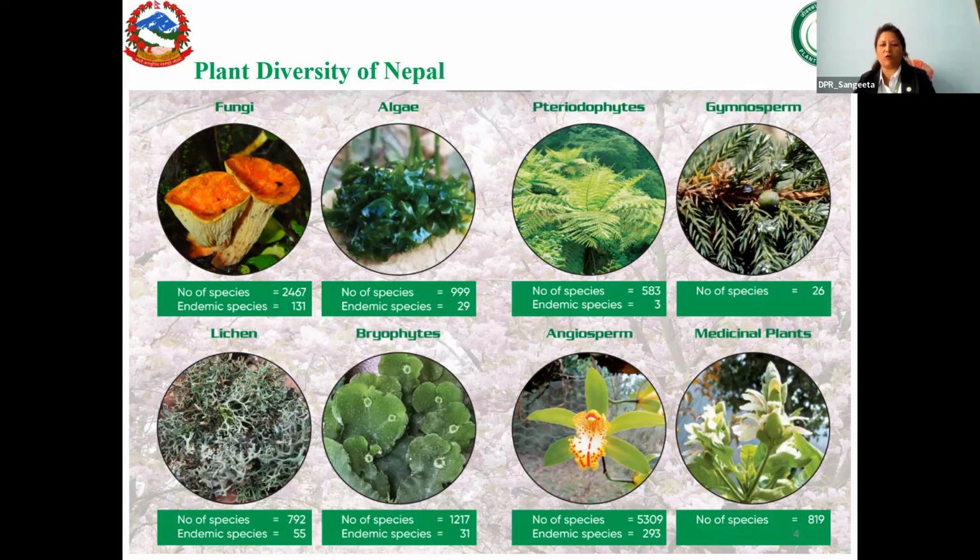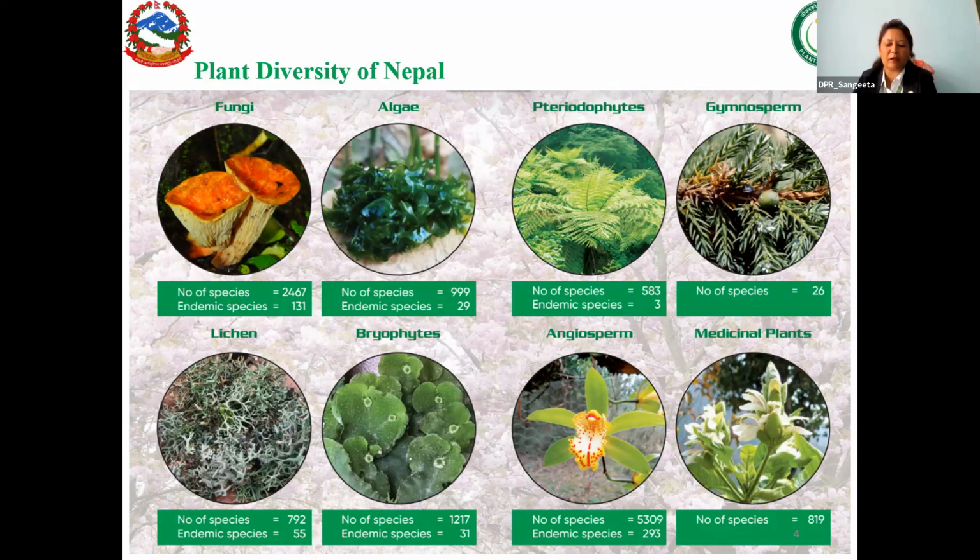If you count all the plants, it is more than 11,000 in the record of the Department of Plant Resources. In lower plants, we start from fungi. The number of species of fungi recorded till now is 2,467. Among these 2,467 species of fungi, we have 131 endemic species.